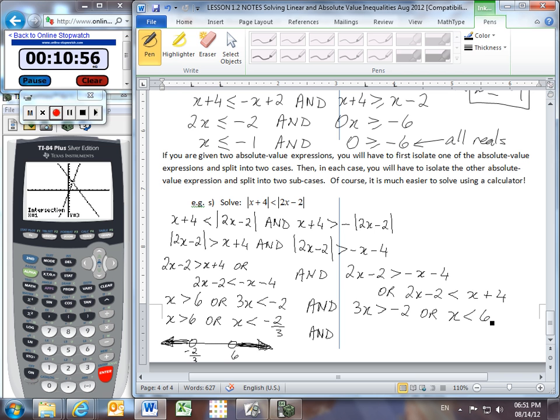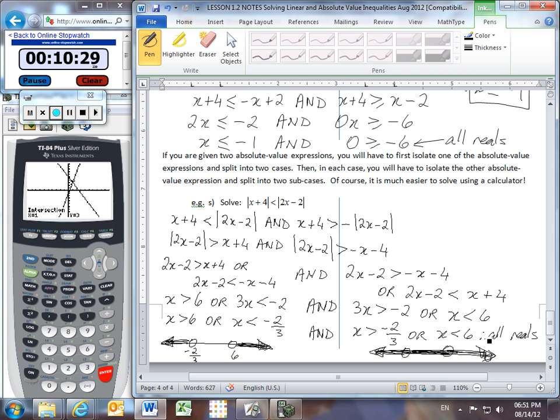So let's look at x is greater than negative 2/3, or x is less than 6. And if I graph that situation, x is greater than negative 2/3, or x is less than 6. Oh, so in this situation we've got all reals.